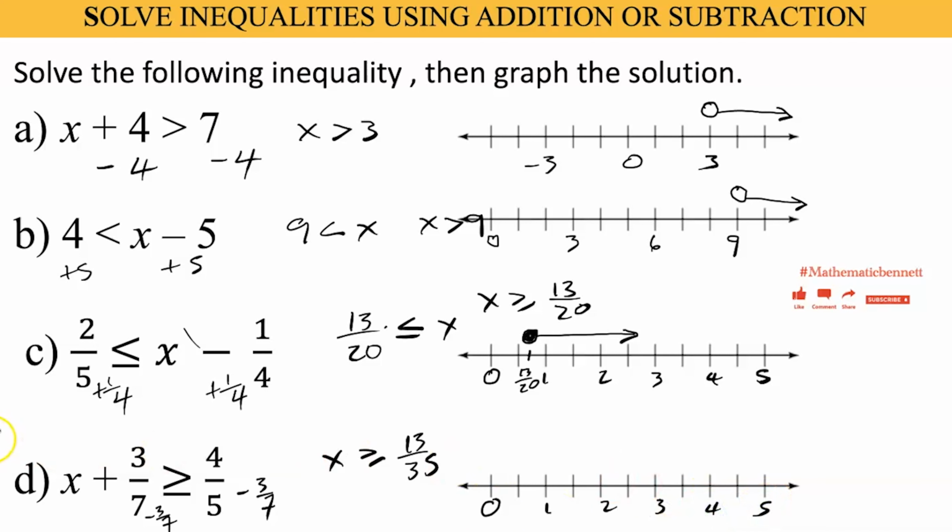And if you notice, 13 over 35 is less than half, so we know it falls closer to half than 0, so it will be right there, 13 over 35. We put a circle over 13 over 35, and we shade it since it can be equal to 13 over 35 as well, and we are always going to the right.